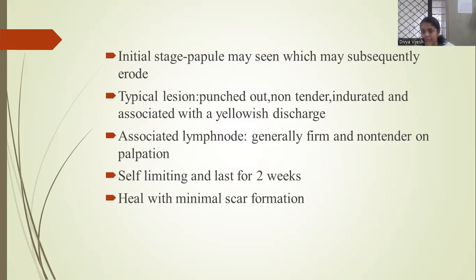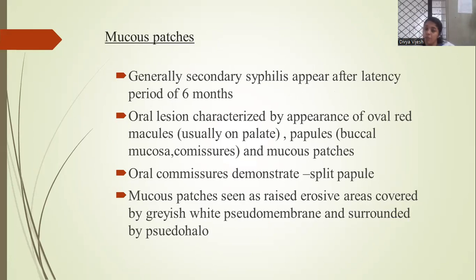Initially, it may be like a papule, then it will turn to an ulcer. It's punched out, non-tender, indurated, and associated with yellowish discharge. That's the typical lesion. And you have associated lymph nodes, it may be firm and non-tender on palpation. And it is self-limiting and lasts for 2 weeks, and it heals with minimum scar formation.